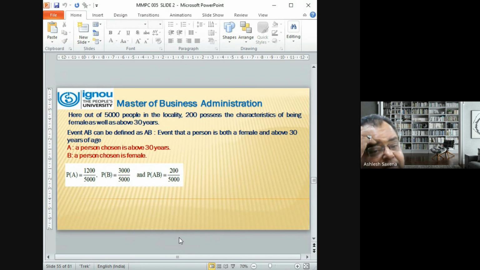Event A and B have been defined as AB, event that a person is both female and above 30 years of age. तो भाई 200 ही है. अपॉन टोटल कितना है? 5000.